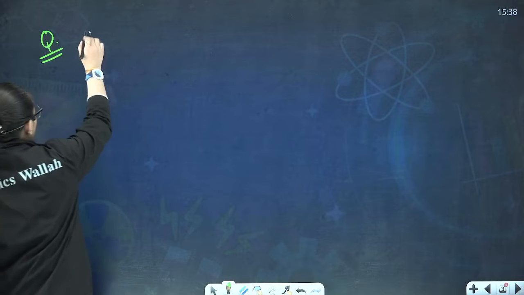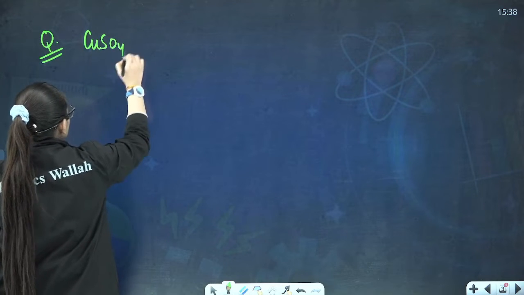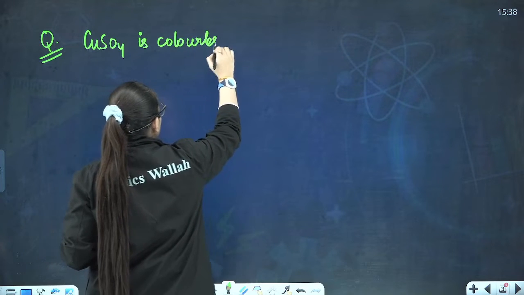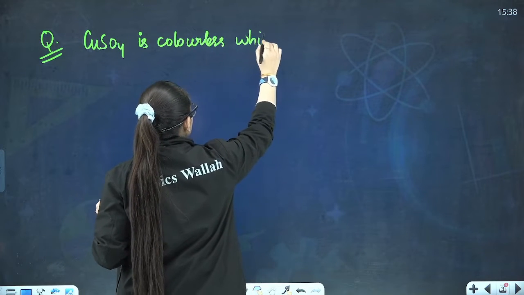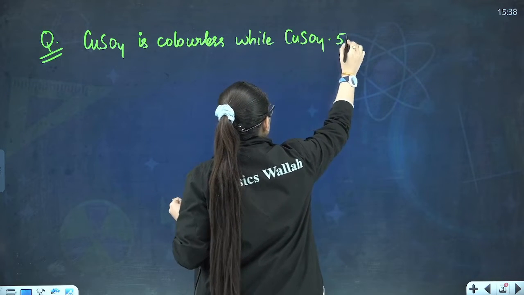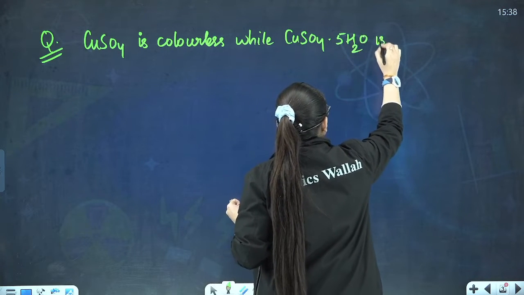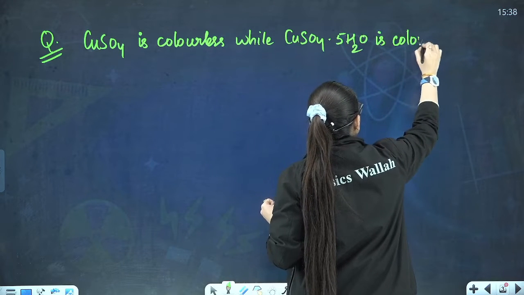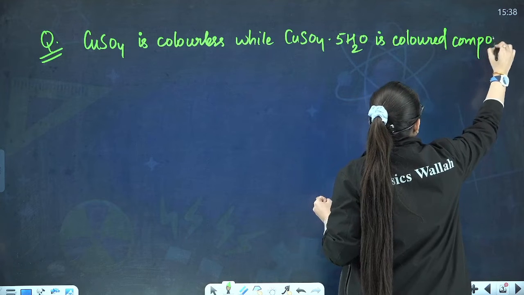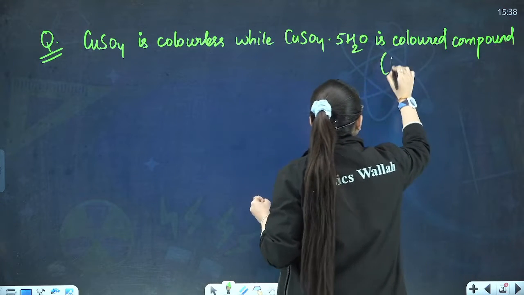For example, if I say CuSO4 is colorless, while CuSO4·5H2O is a colored compound, and its color is basically blue.